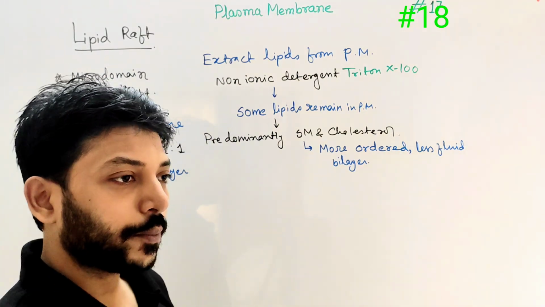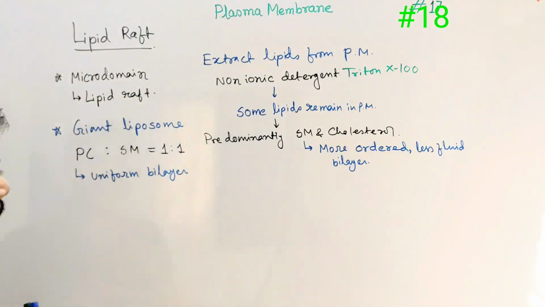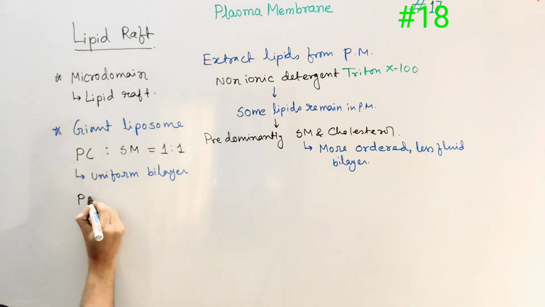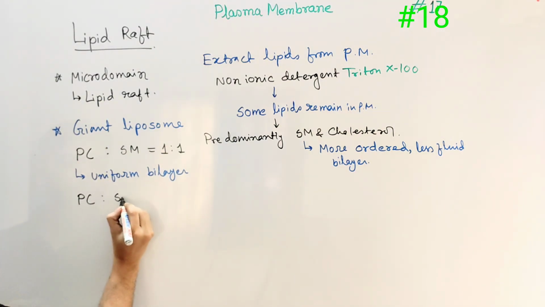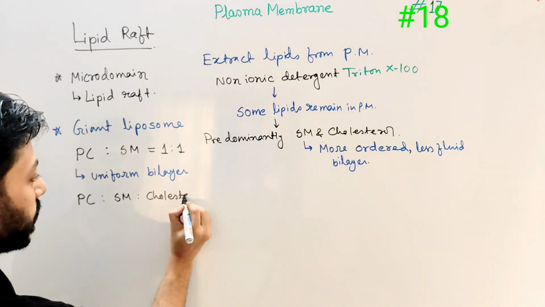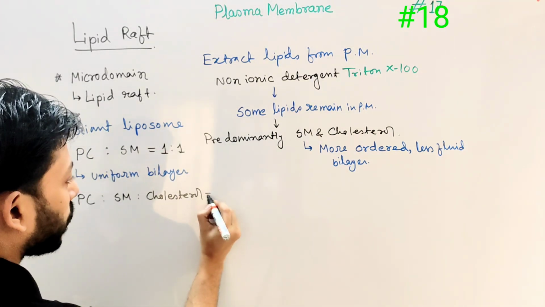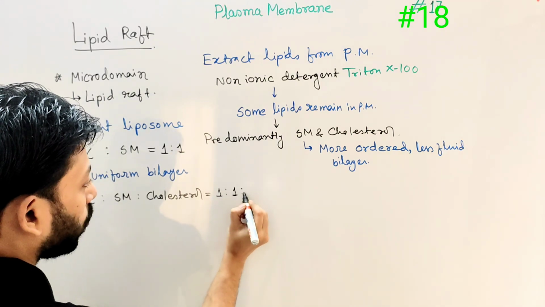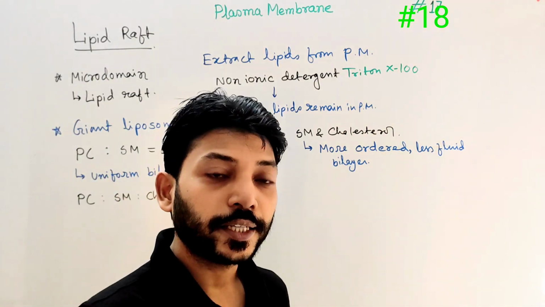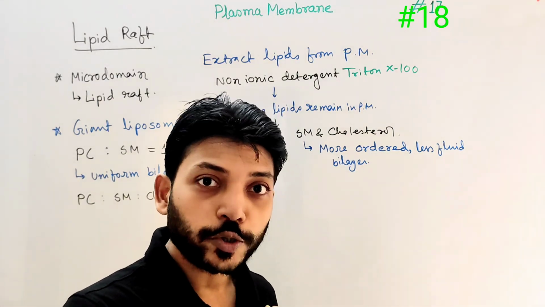But when they introduce another lipid molecule, taking phosphatidylcholine, sphingomyelin and additionally cholesterol, in a ratio of 1:1:1, they found that now the liposome contains small domains.